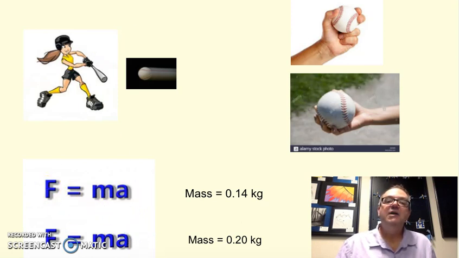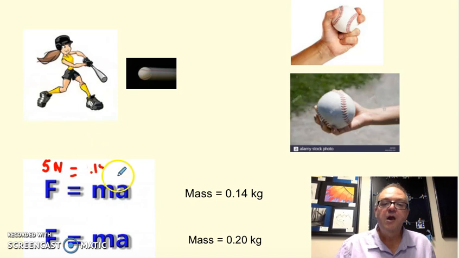And you know, that kind of makes sense. If I'm working with a formula here and I put, I think I'll just grab a number out of thin air, 5 newtons here for the baseball, and the mass is going to be 0.14 kilograms, multiplied by an acceleration, and you have the same force applied to the softball, which has 0.20 kilograms.